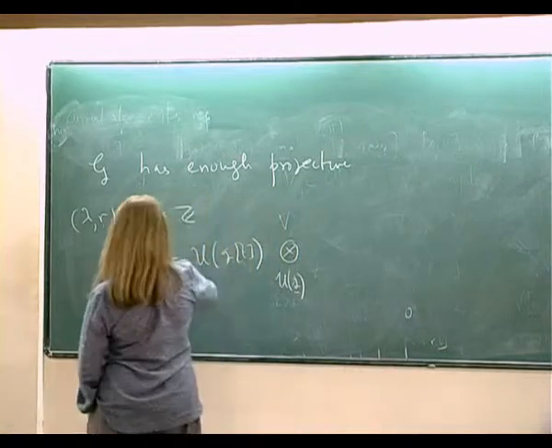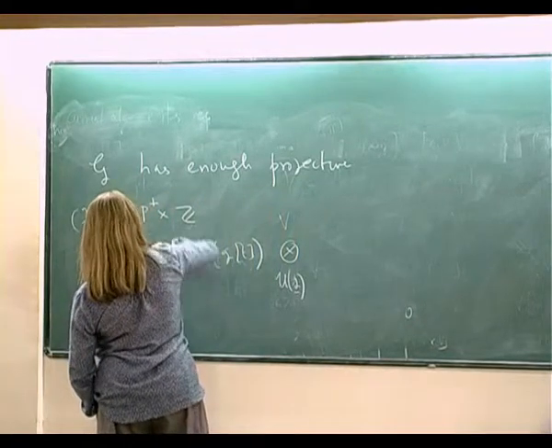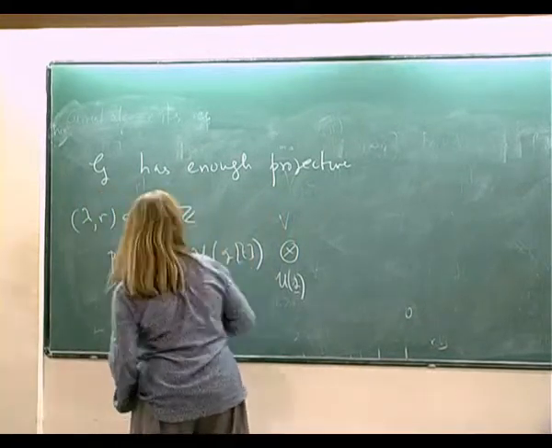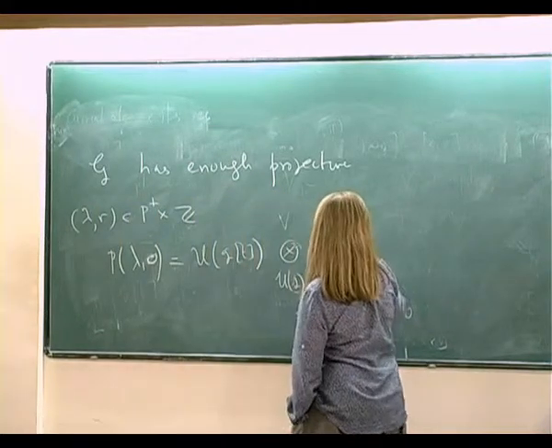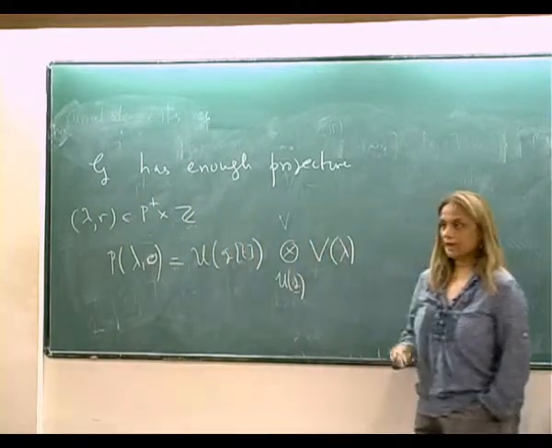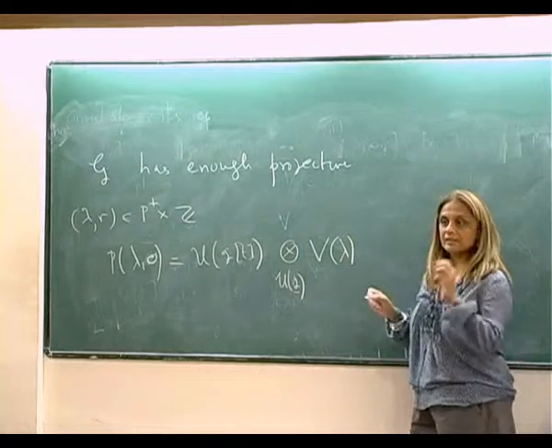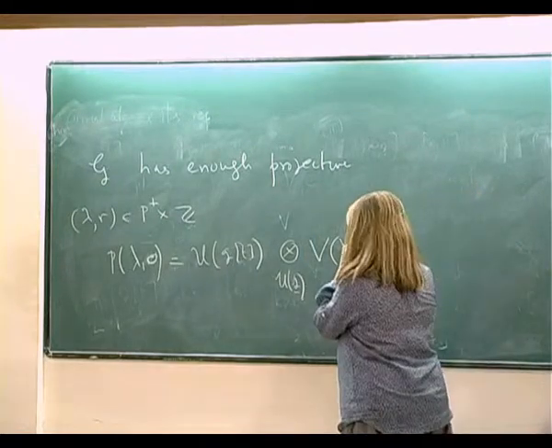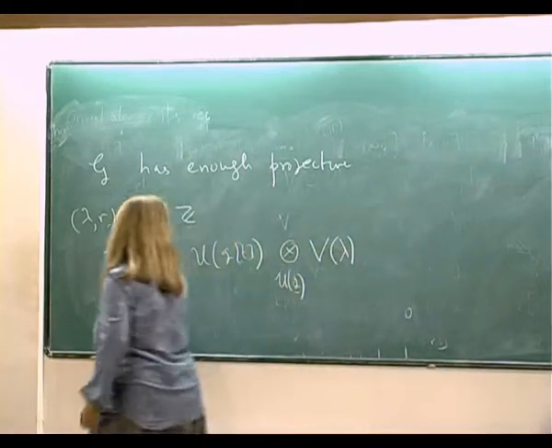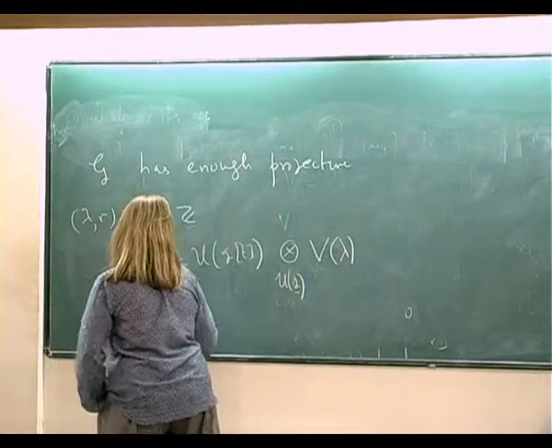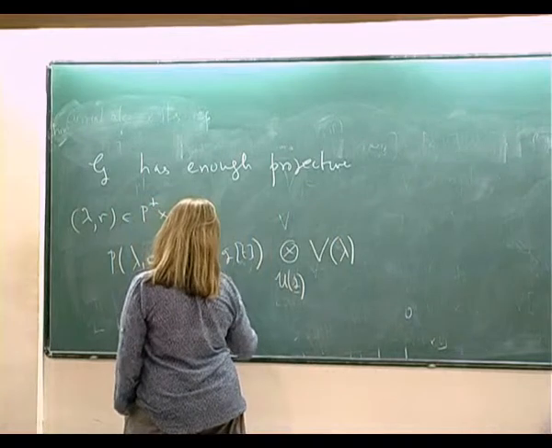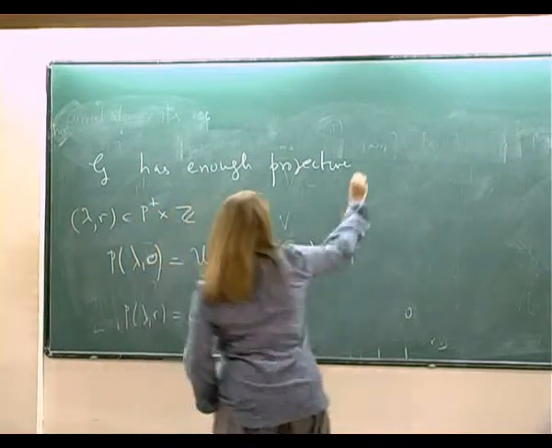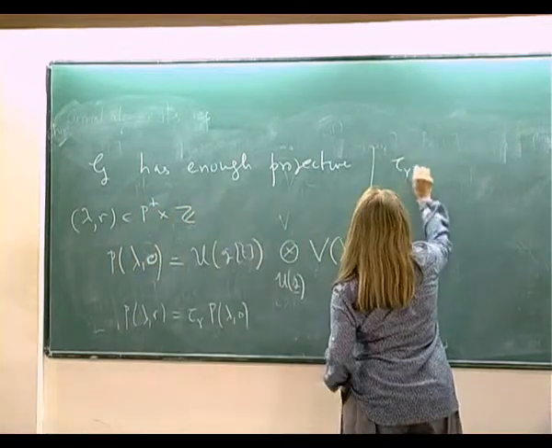Let me do lambda 0. I'm going to think of V lambda as living in the 0th piece. And P lambda r will be the graded shift of P lambda 0. So tau r is a grading shift operator.